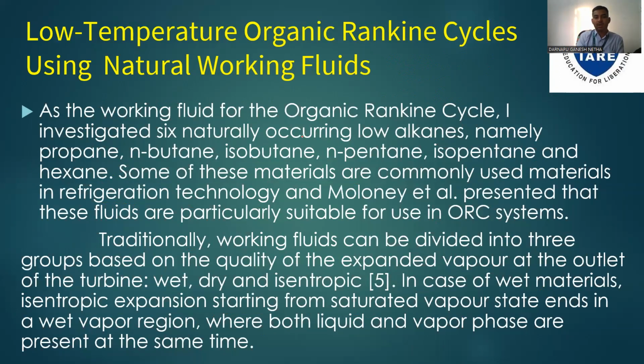As working fluids of a Rankine cycle, six naturally occurring fluids were investigated: propane, butane, isobutane, N-pentane, isopentane, and hexane. Some of these are commonly used in refrigeration technology, and these fluids are particularly suitable for use in organic Rankine systems.